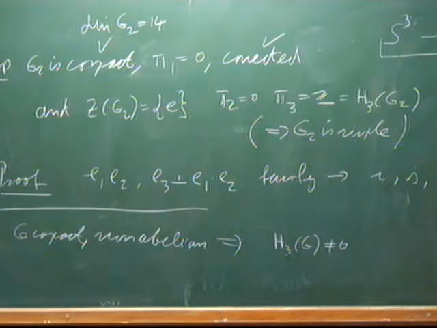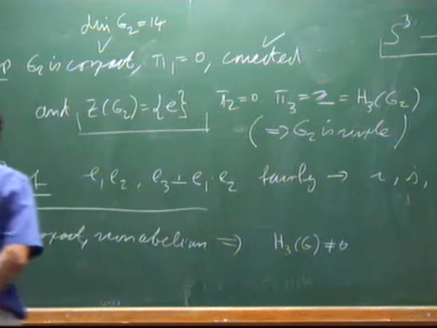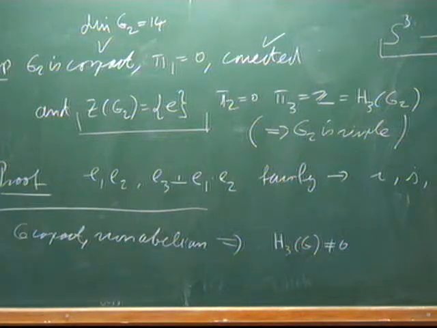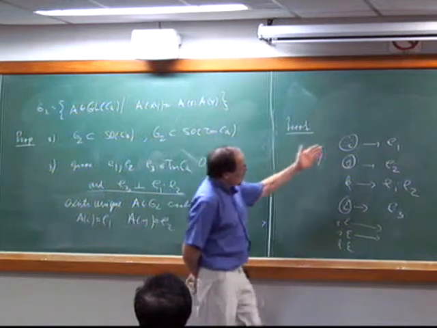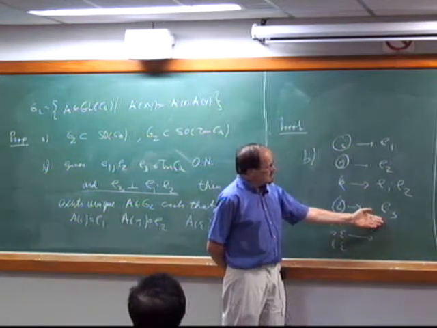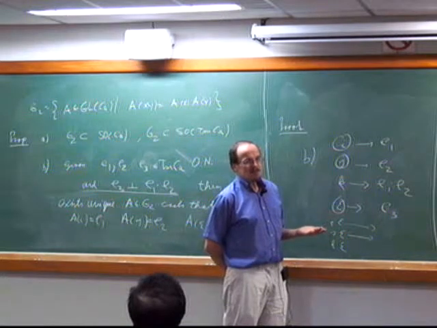The center of G2 is trivial. It was also supposed to be a consequence of this kind of characterization of G2, but I couldn't see it anymore. In my notes, I have something scribbled there that it's clear, but I didn't see anymore why it's clear. So take an automorphism described by E1, E2, and E3, and assume it commutes with every other such automorphism.